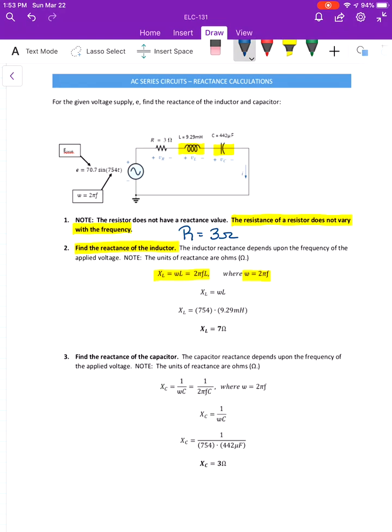Remember that omega is what we call the angular frequency, and it's related to the frequency in hertz by a factor of 2 pi. So f is the frequency in hertz, where the angular frequency is in radians per second.